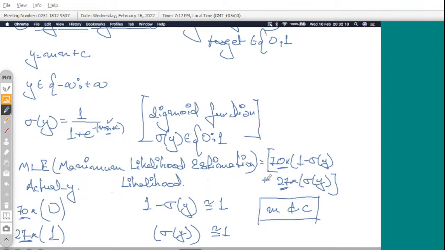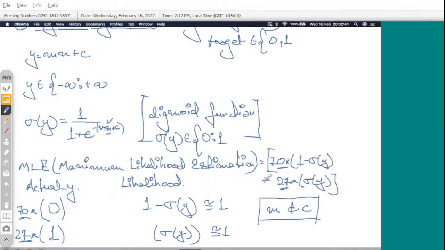Where will we use it? Anyone, guys? Where will we use logistic regression? Binary classification, to predict the binary classification.